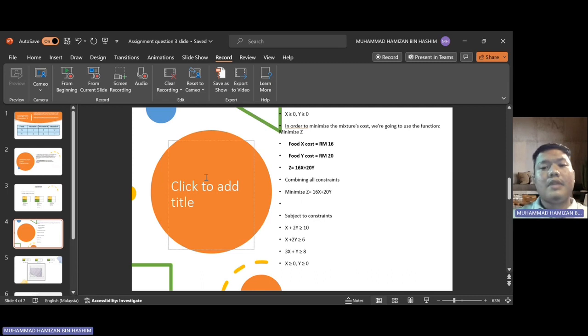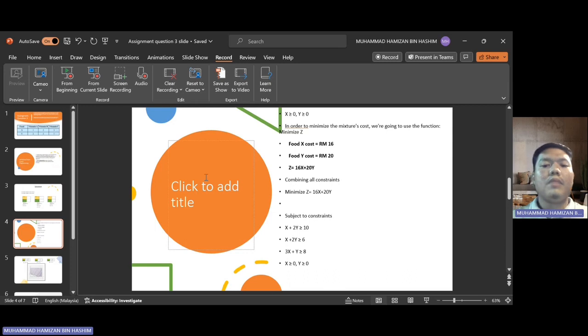For the next step, I wrote down x at least 0, while y at least 0. In order to minimize the mixture cost, we are going to use the function minimize z. Food X costs RM16 and food Y costs RM20, so we get z equal to 16x plus 20y.